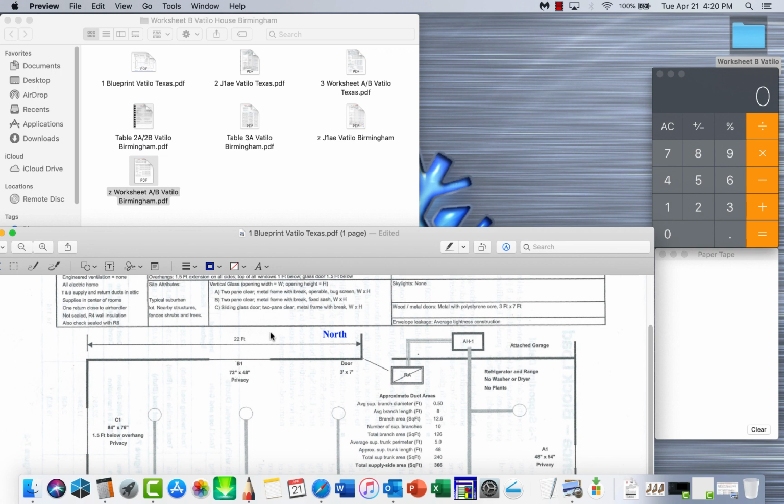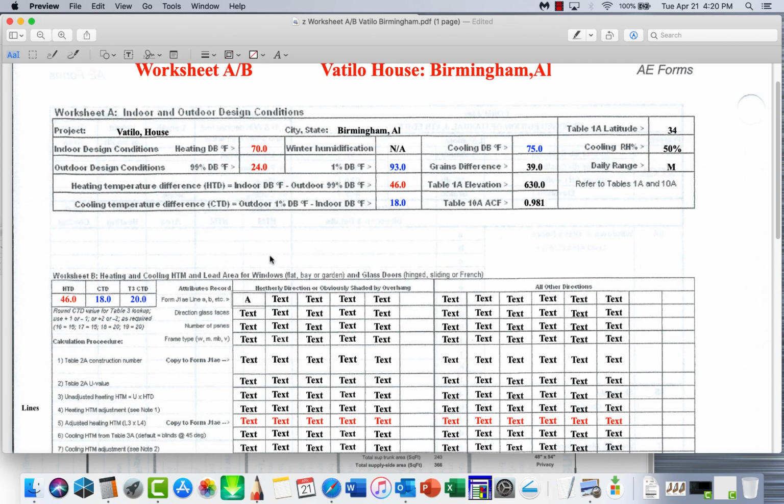I put B1 there. No, it's just the first window. Just like you would number 1, 2, 3, 4, or 5, they numbered A, B, C, D, E, F, G. So just know that has nothing to do with this construction number right here or this identification number to tell which kind it is. Okay, it just has to deal with A, B, C, D as 1, 2, 3, 4, 5, 6, 7.